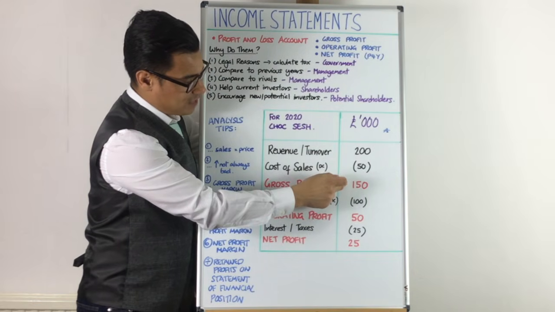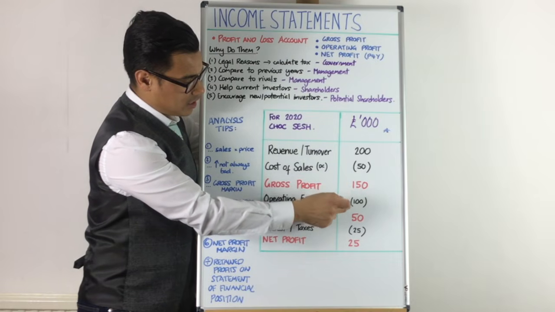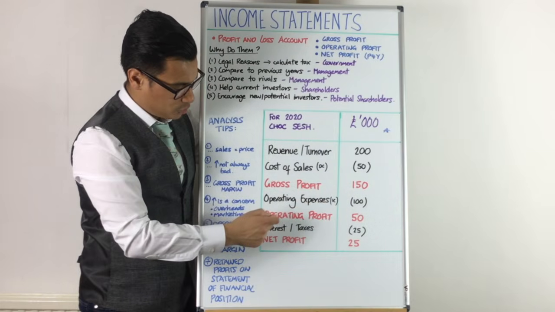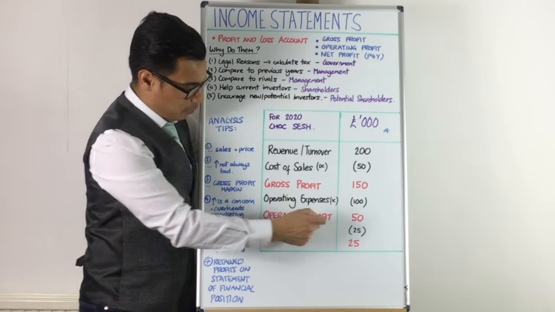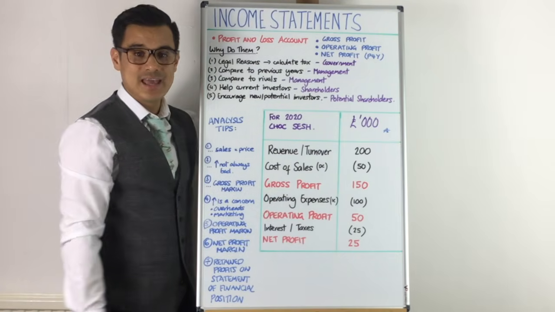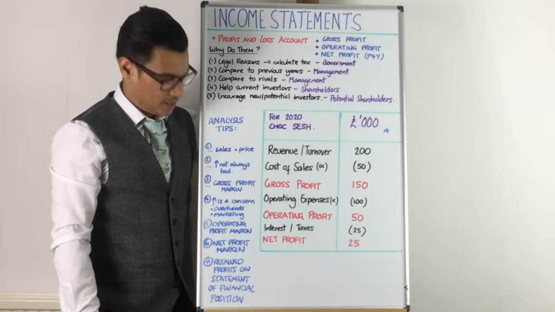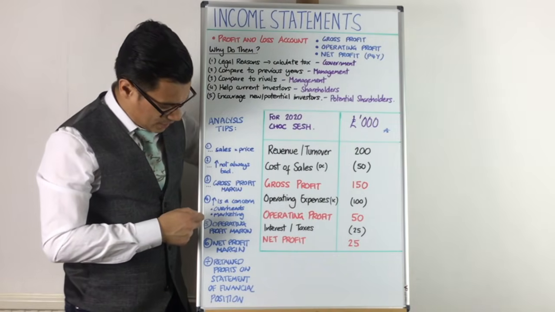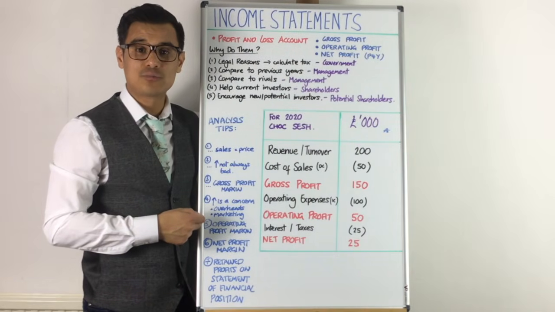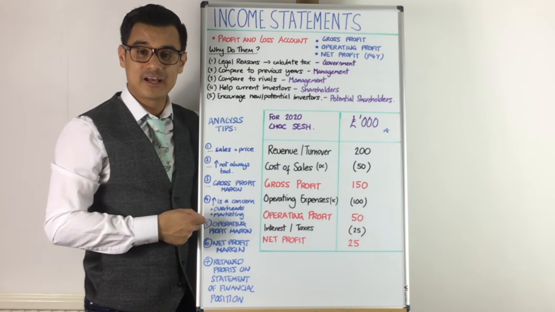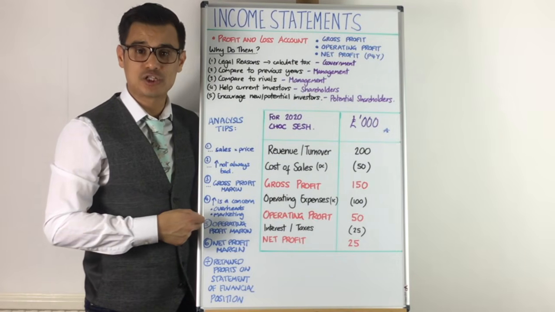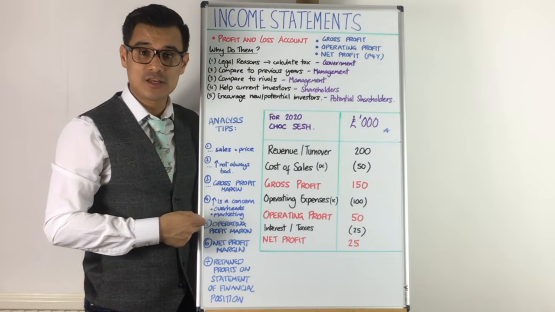So 150 minus 100 comes to 50, which comes to your next type of profit, which is your operating profit. And your operating profit here is £50,000. For operating profit, again, you can calculate your operating profit margin, which is another financial indicator or financial ratio that stakeholders might be interested in.